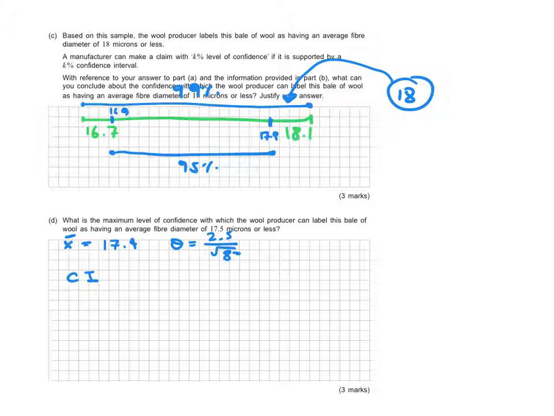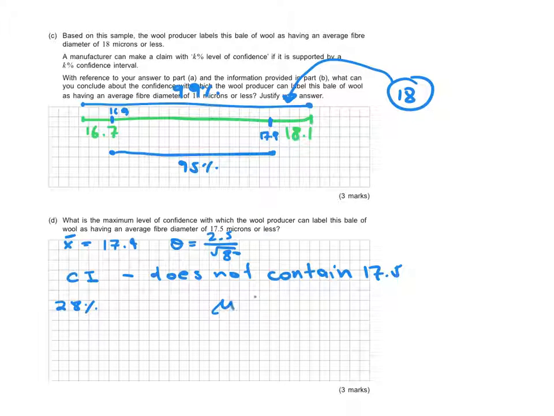Using trial and error, you are trying to find the confidence interval for different values of K, and what you're looking for is a confidence interval that does not contain 17.4. By calculating this, you may find 28%.